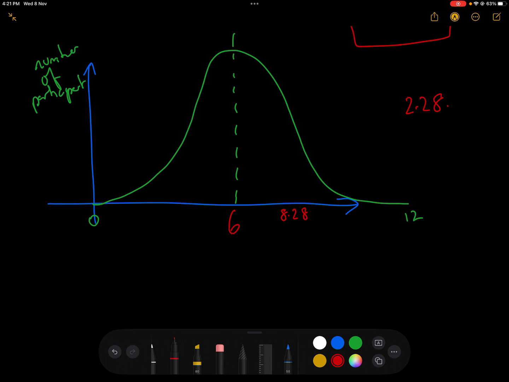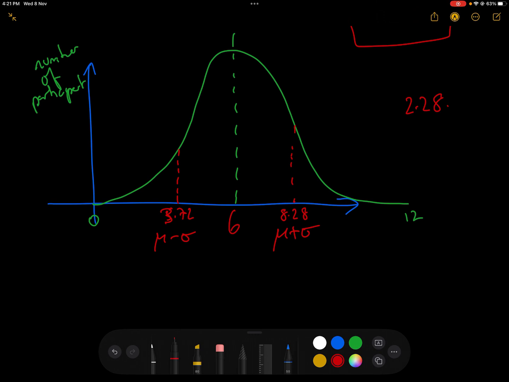And if we take away 2.28 from 6, we get 3.72. This represents here the mean, which we can put as mu, plus one standard deviation, which is sigma, and this represents here the mean minus one standard deviation.